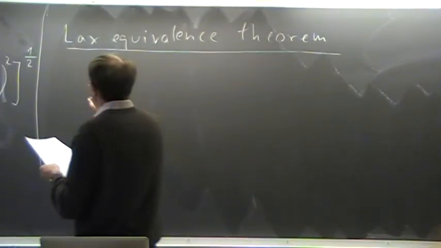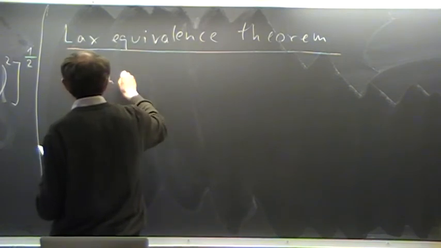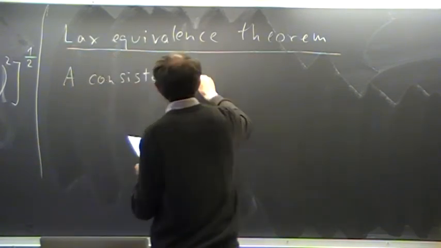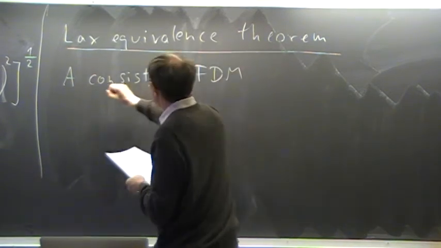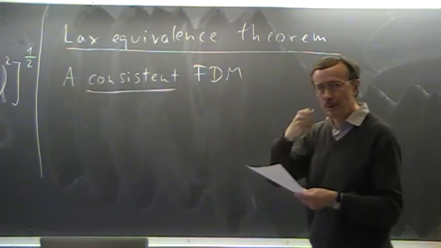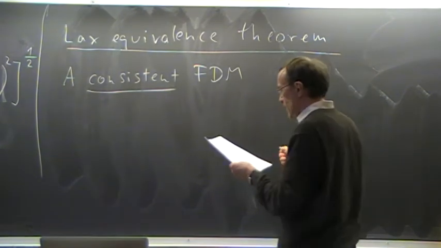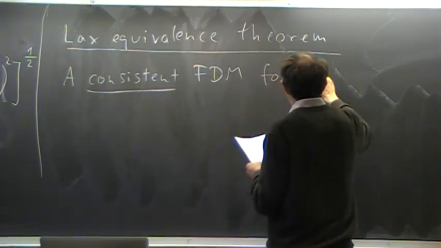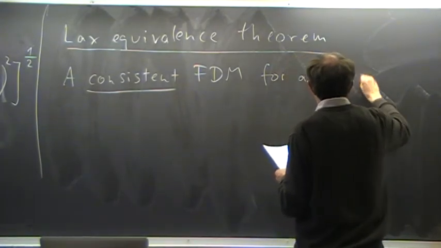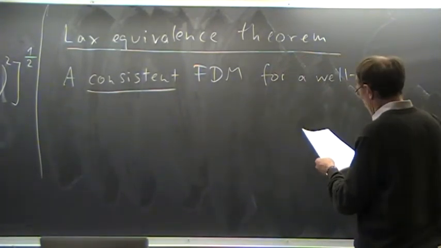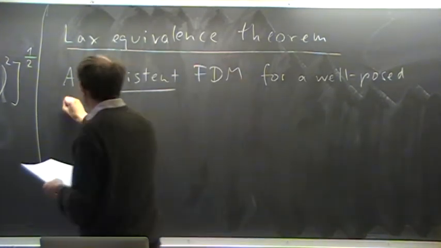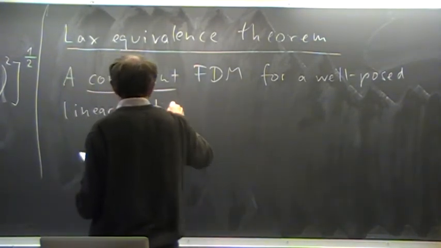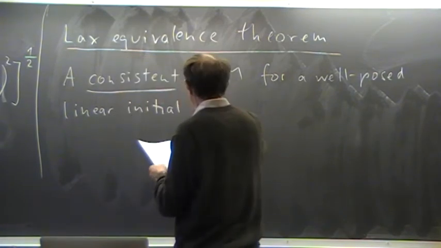And it says the following: a consistent finite difference method. So now we get all the terms that we learned. A consistent finite difference method for a well-posed linear initial value problem.